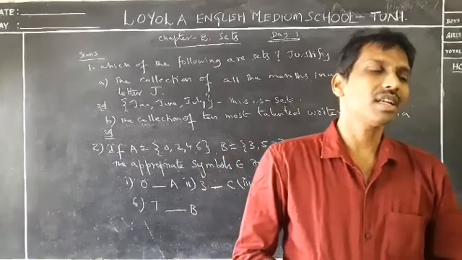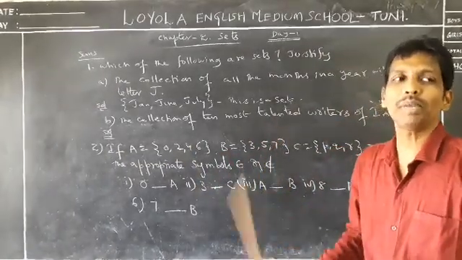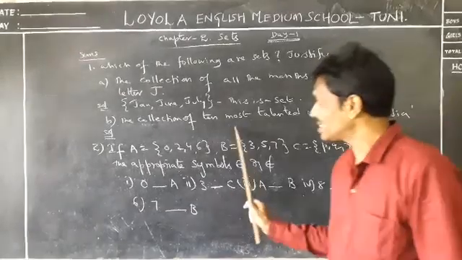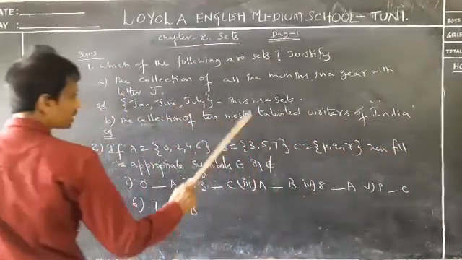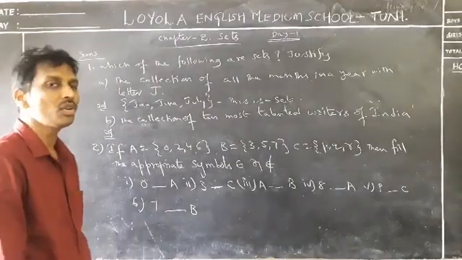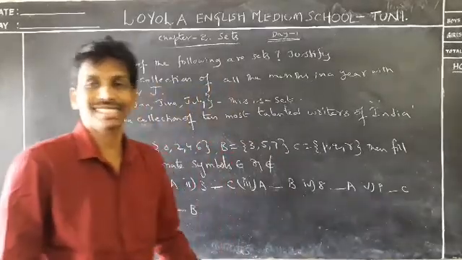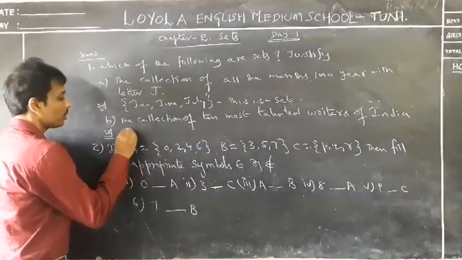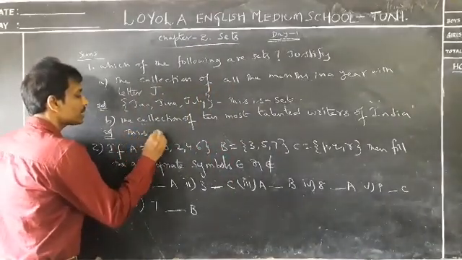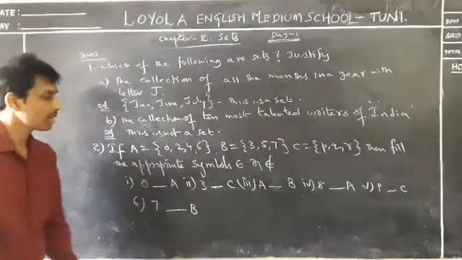We are not sure who the particular persons are. So the collection of the 10 most talented writers of India is not a collection of well-defined objects. Here we don't know who the people in this set are. So we write that this is not a set.